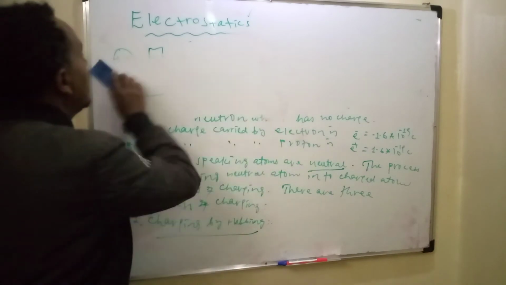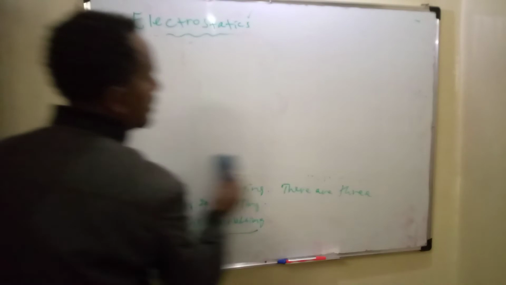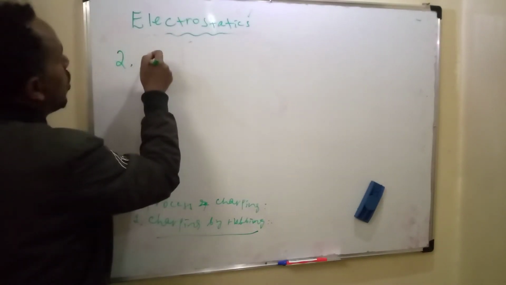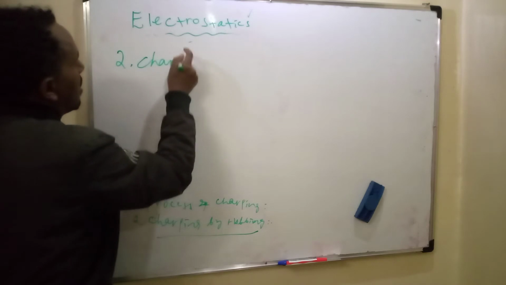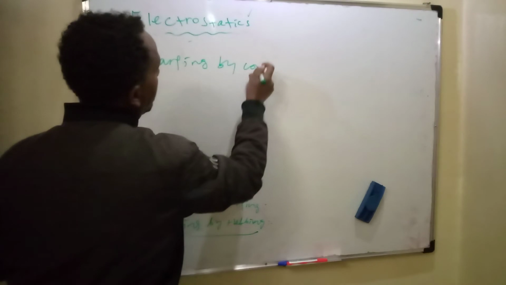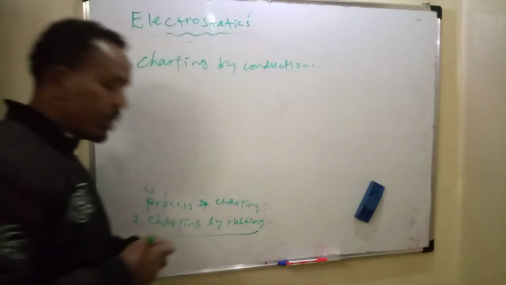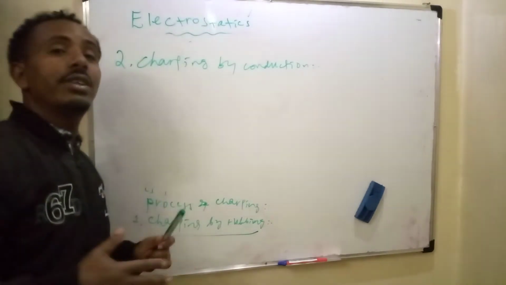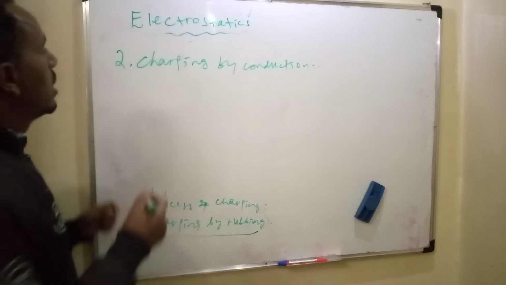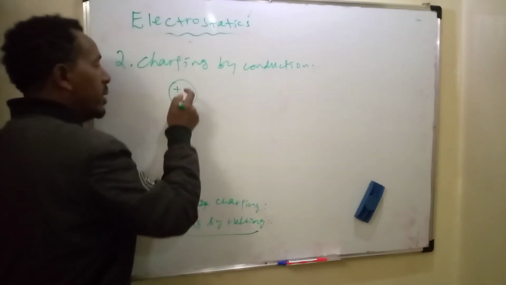The second one is charging by conduction, which is charging by touching. For example, this is a neutral sphere.